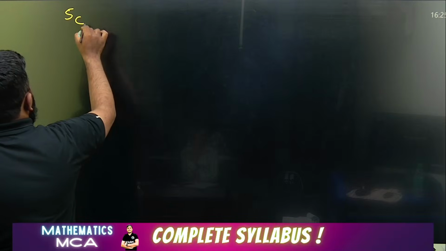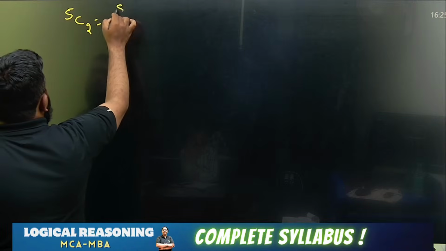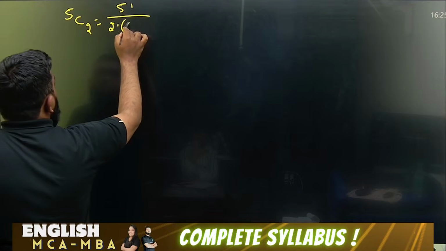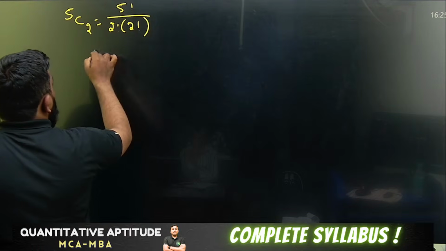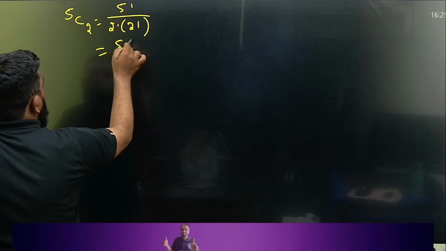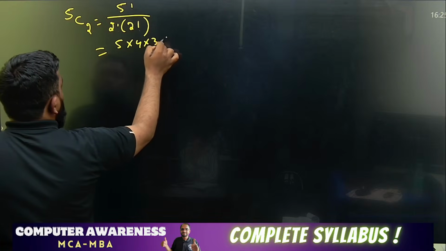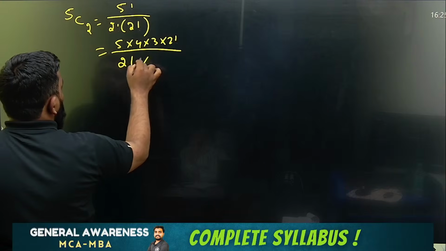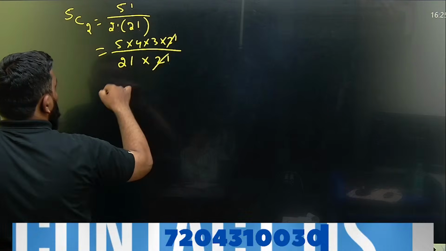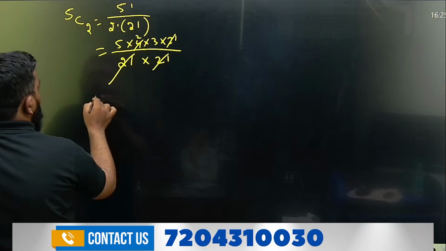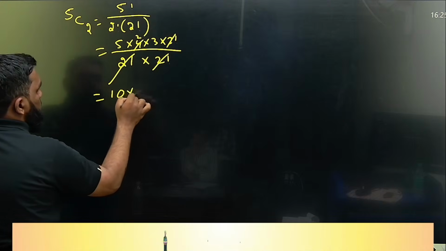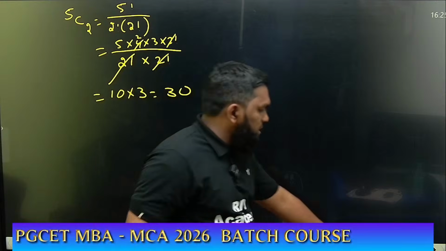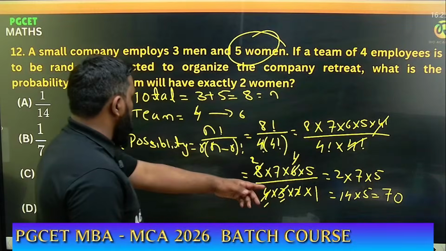Total 2 women we have to select: 5 factorial divided by 2 factorial into 3 factorial. 5 into 4 into 3 factorial divided by 2 factorial into 3 factorial. 2 twos are 4, 5 fours are 20, so the answer is 10. The first one will be 10.